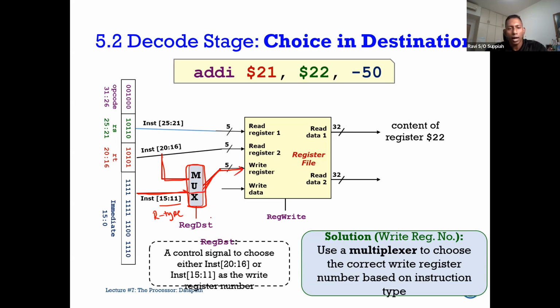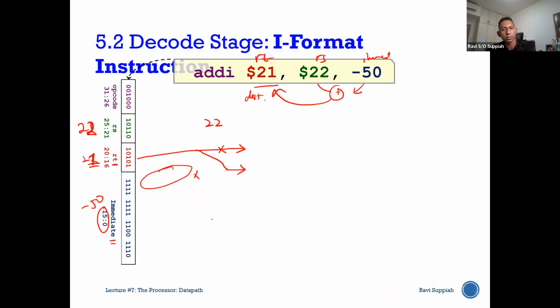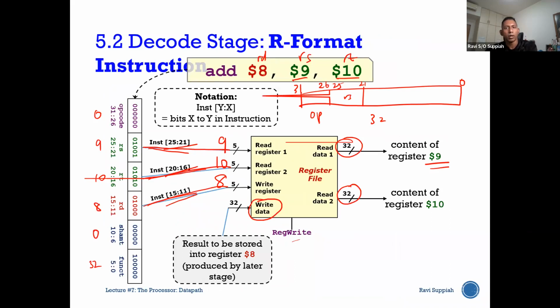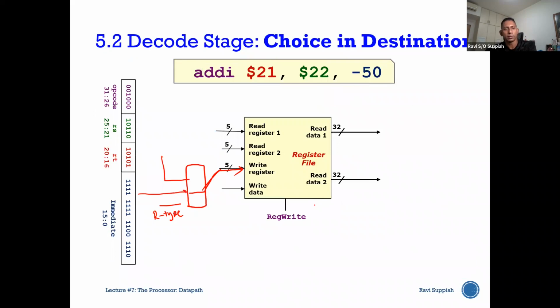All right, because of our R-type instruction, let me just go back here and show you again. For R-type instruction, 15 to 11 is actually specifying the write register. So that is what I want.